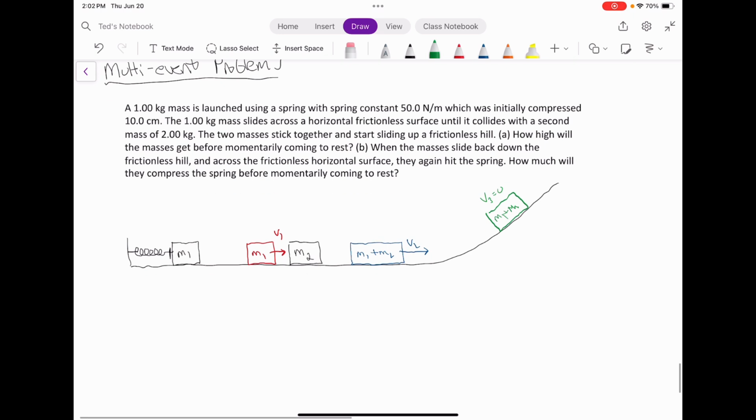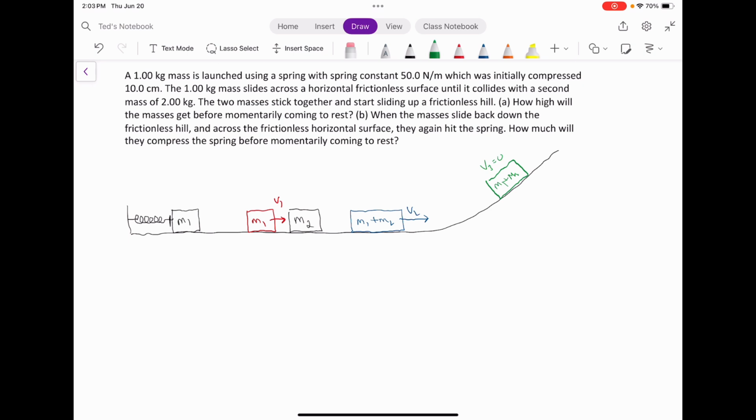You could draw a separate picture for each stage. So what I have here is black first, and that goes to red, and that goes to blue, and that goes to green.